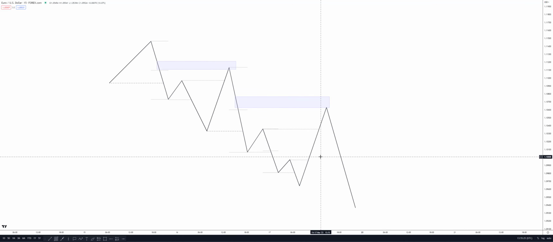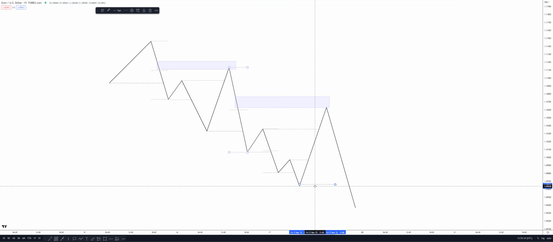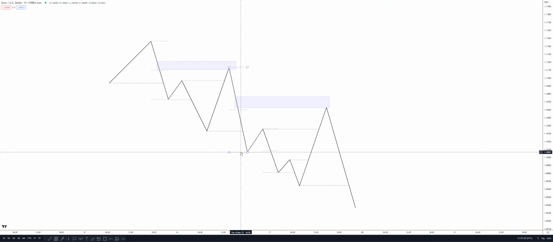So you might be thinking we've broken structure, but really price is still majorly bearish, and the bearish structure is still in control. And that is the order flow being present, when we have these mitigations.